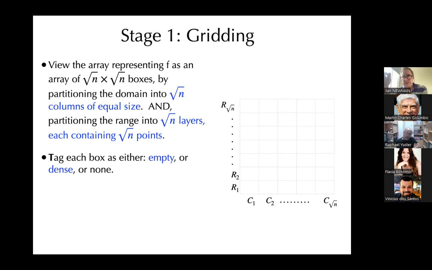Dense would mean that essentially all points in the column are in this sub-box. So there will be some threshold, but you can think about it as being very close to 1. And possibly a cell could be non-empty and non-dense. So I'm going to tag each box according to whether it's empty, dense, or neither.